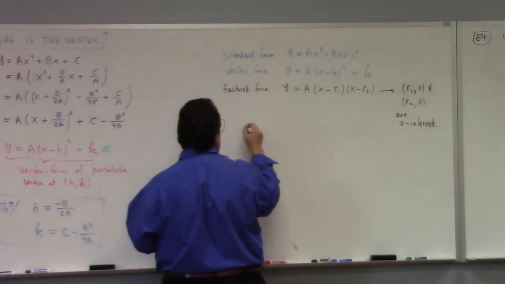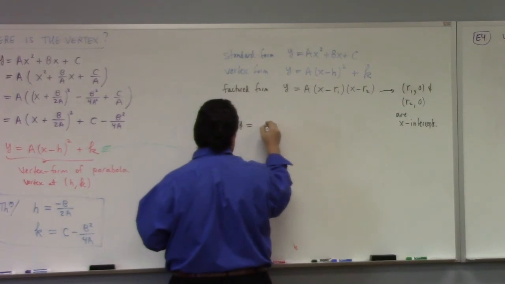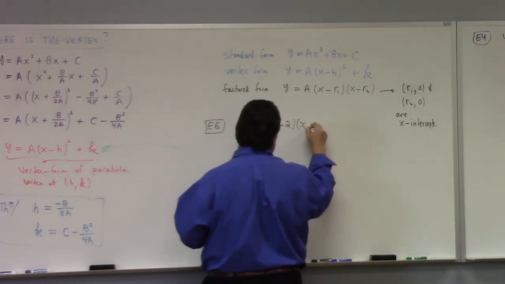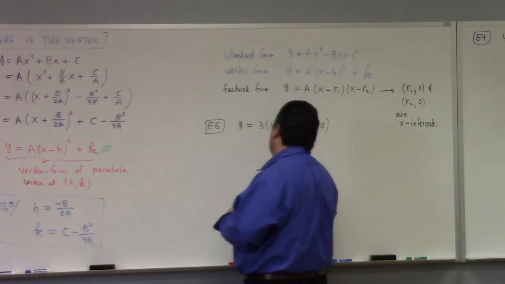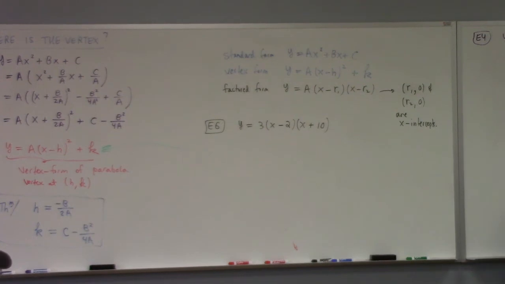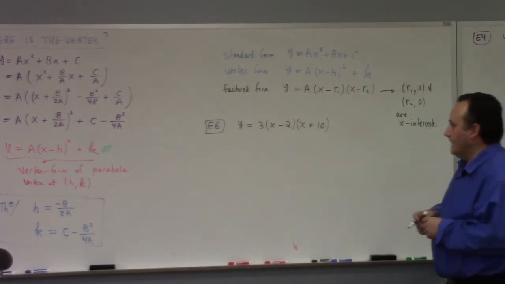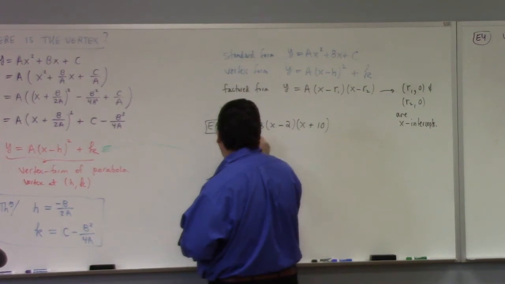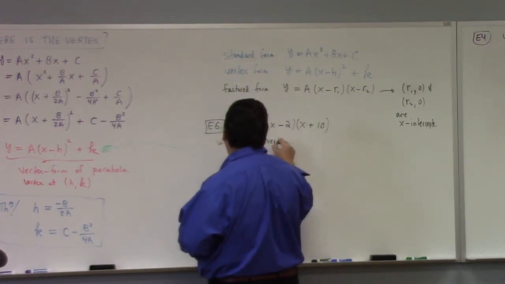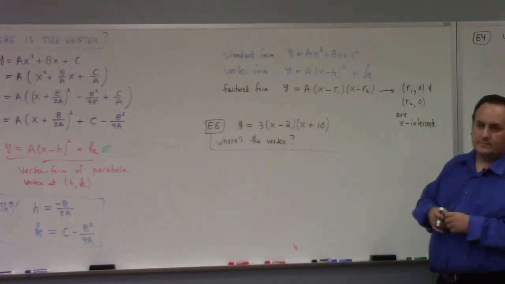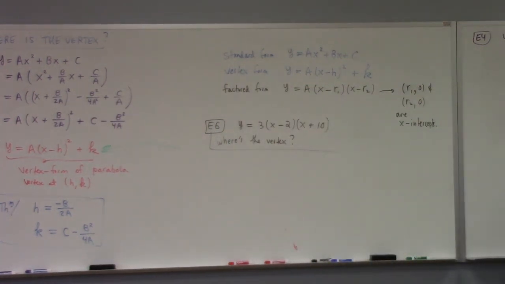Suppose you have y equals 3 times (x minus 2) times (x plus 10), right? And then I ask the question, where's the vertex? How would you do it? How would you figure that out?